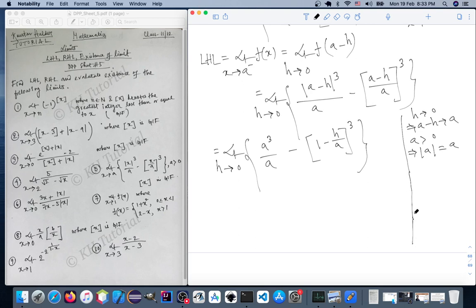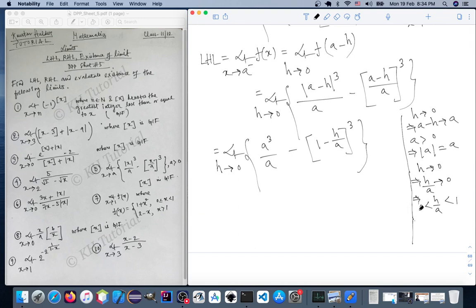Now h is tending to 0, implies h by a is also tending to 0, and since h and a are both positive, we will have h by a greater than 0 but less than 1.